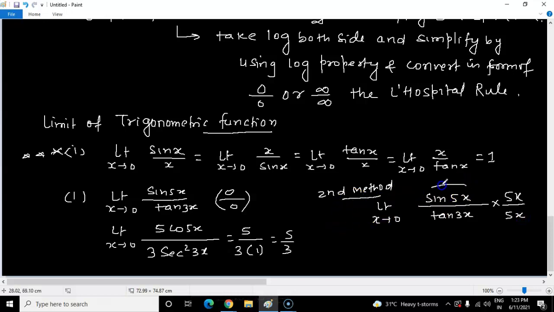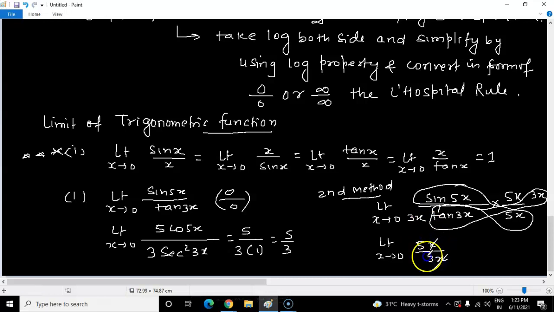Sin 5x by 5x becomes 1. Similarly, in the case of tan 3x, we know that x by tan 3x is also 1 only. So you can multiply here 3x and divide with 3x, the value will not change. With this formula, that also becomes 1 only. So limit of x tends to 0, only 5x and 3x are left.